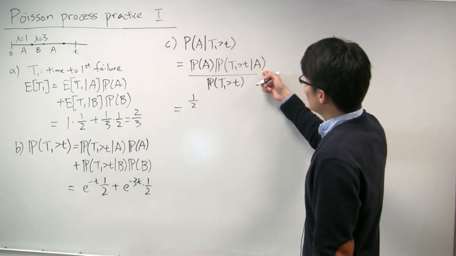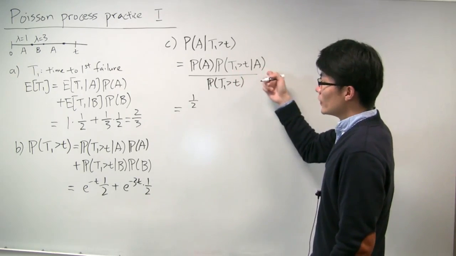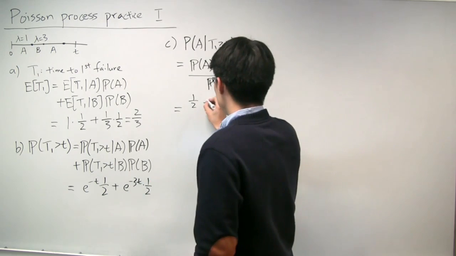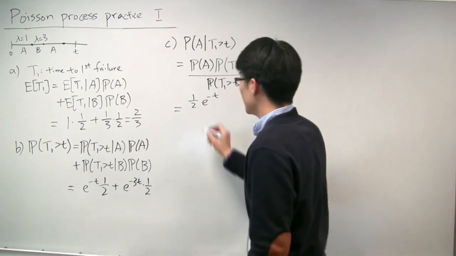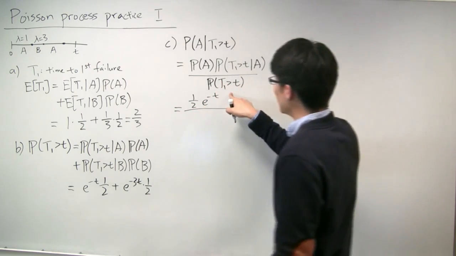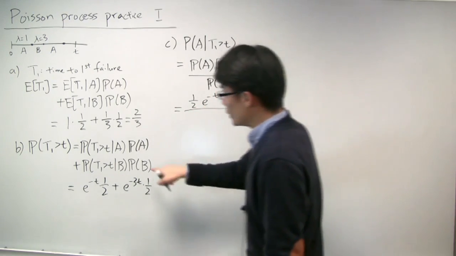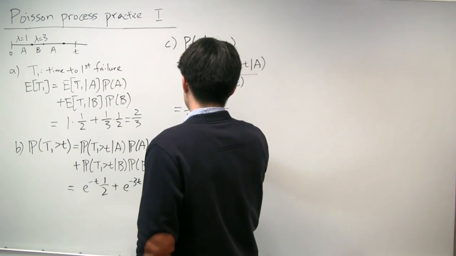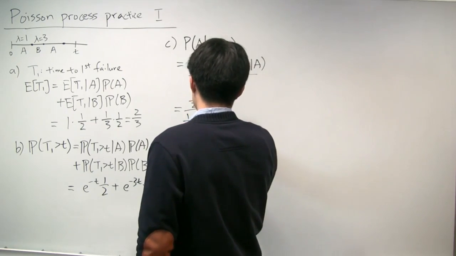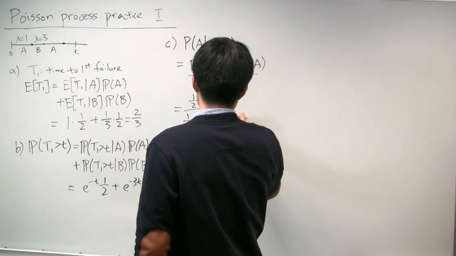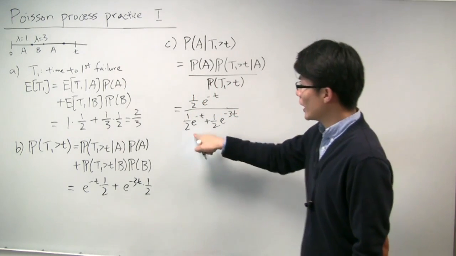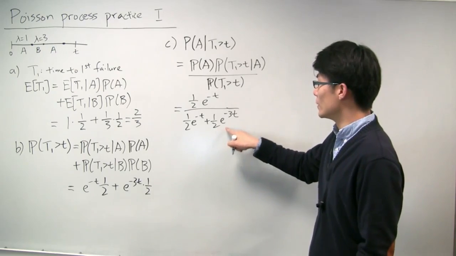The probability that T1 is greater than t, given that it's A, we already calculated over here: it's e to the minus t. And the unconditional probability, we just calculated in part B. So we'll substitute that in the denominator. And the answer that we get is this: 1/2 e to the minus t over 1/2 e to the minus t plus 1/2 e to the minus 3t.